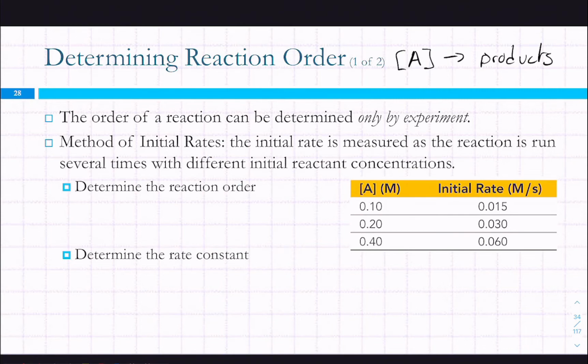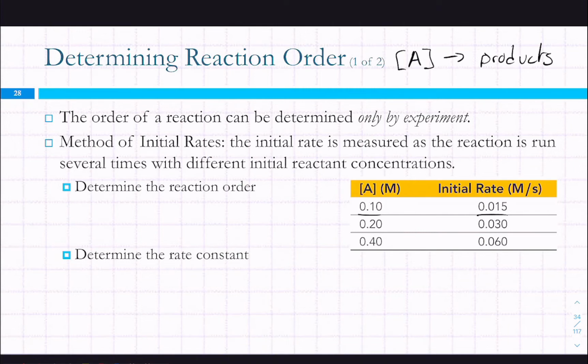And then we'll measure maybe the first, depends on how fast the reaction goes, but let's say the first 5 minutes. So what is the rate in those first 5 minutes if we start with a concentration of 0.10? And then we set up another reaction, right? We've recorded that rate, set up another reaction, and then we double the concentration. So let's put twice as much A in, and then observe again the first 5 minutes.